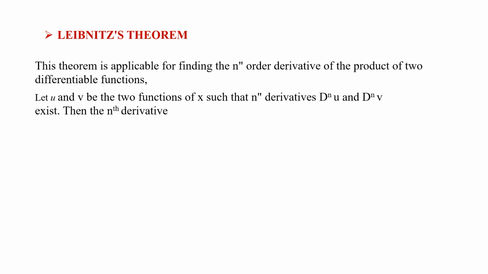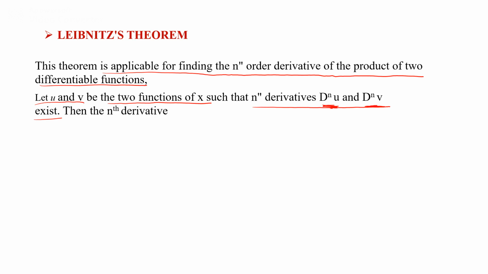Now, the Leibniz theorem. This theorem is applicable for finding the nth order derivative of the product of two differentiable functions. Suppose we have two functions u and v, functions of x, such that their nth derivatives exist, that is, the nth derivative of u and the nth derivative of v exist. Then what is the nth derivative of the product of these two functions, u into v?